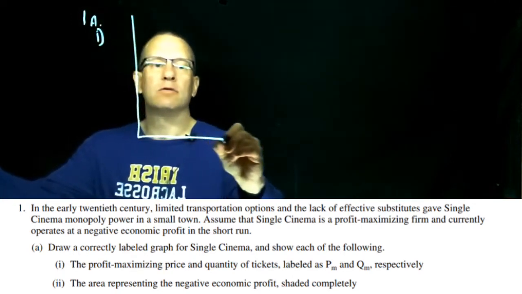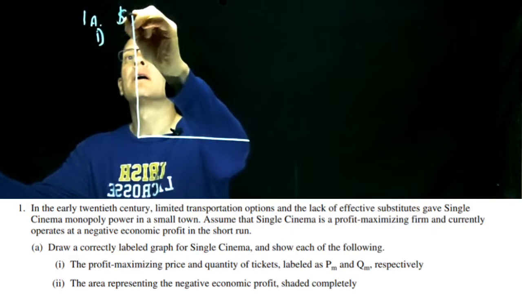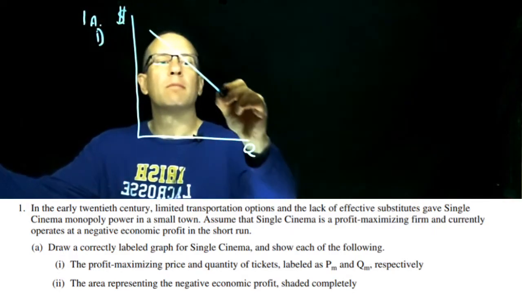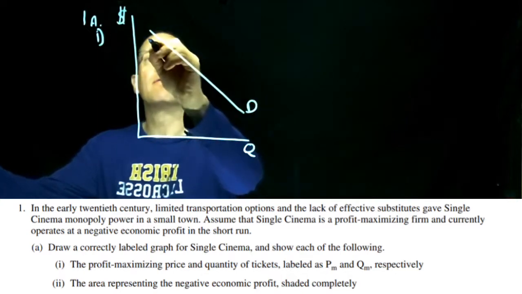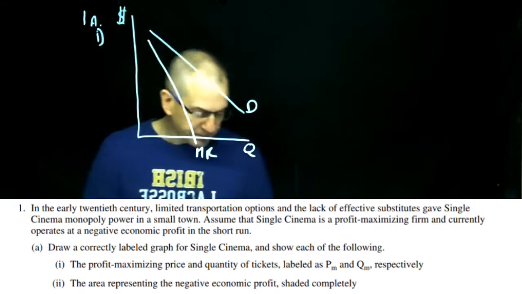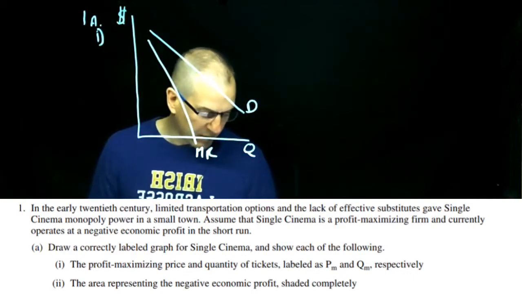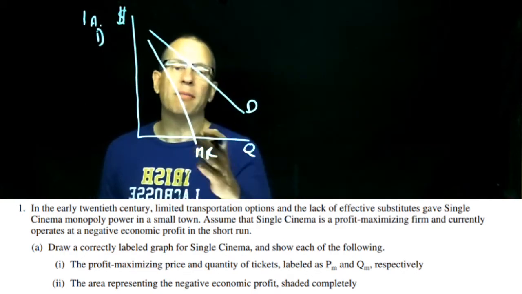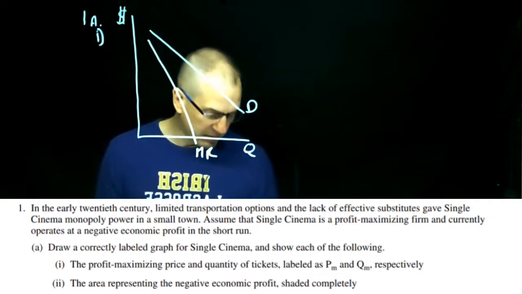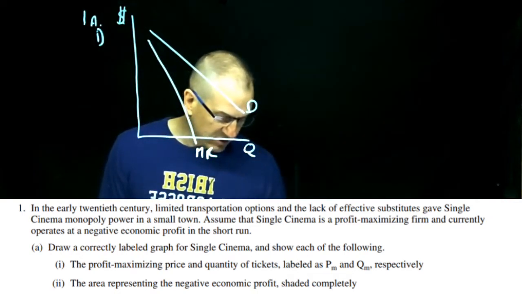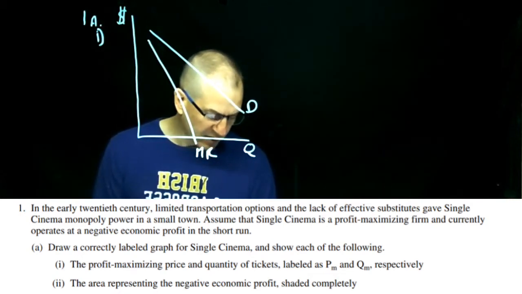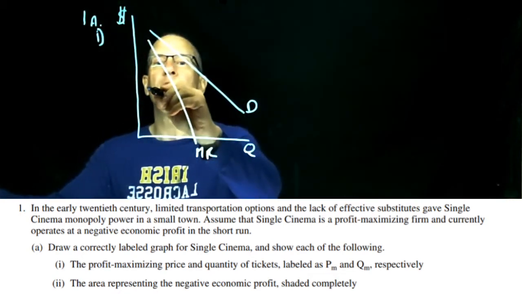Okay, let's draw this out here. Quantity, demand curve, marginal revenue curve right here. In drawing this out, we want to make sure that we have the marginal revenue curve below the demand curve. That's how it operates in a monopoly. Now they're asking us to label a few things. First of all, let's draw that marginal cost curve.